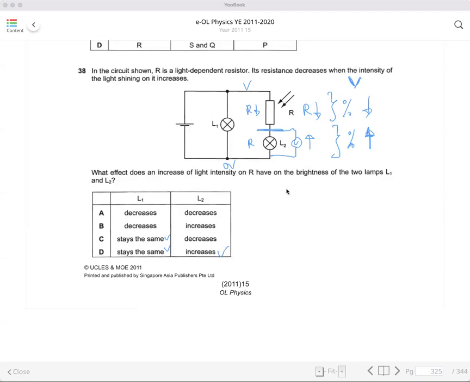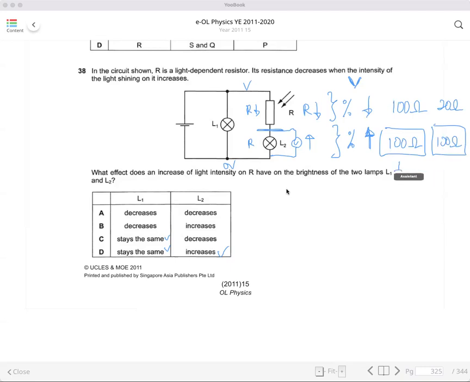Okay, for example, at first, it could be 100 ohm and 100 ohm. So the lamp takes up half the voltage. But when this becomes, let's say, 20 ohm, and this will still remain 100 ohm, can you see the proportion?